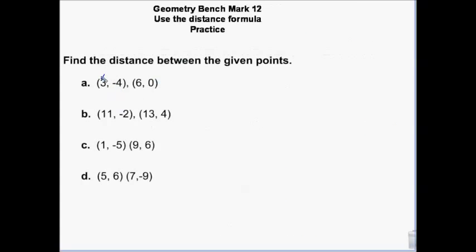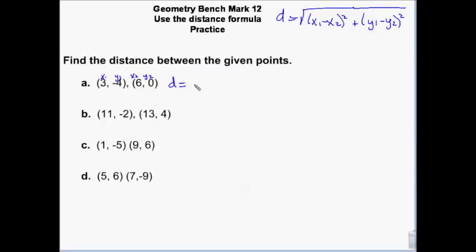Okay. X1, Y1, X2, Y2. Write this up here. Distance is equal to the square root of X1 minus X2 squared plus Y1 minus Y2 squared. I'll do the first 2, and then you guys can do the second 2.